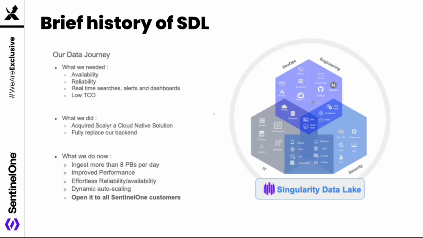They needed high availability, they needed more reliability. It had to become faster because it took very long to run queries, etc.